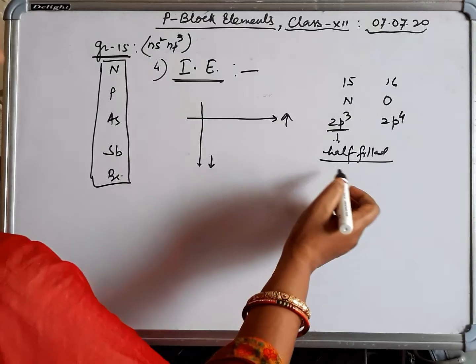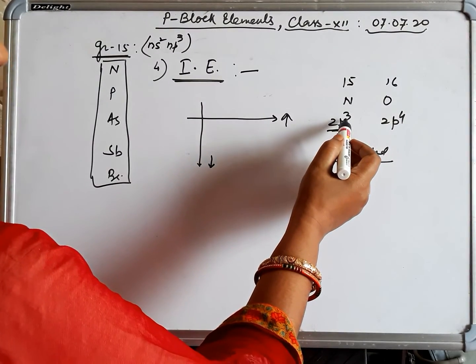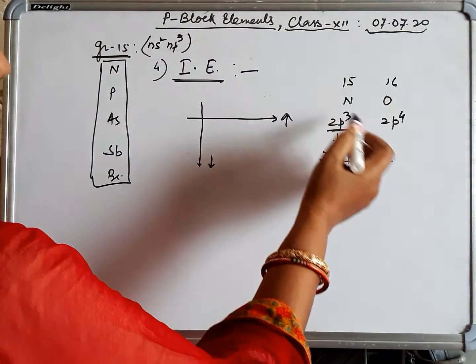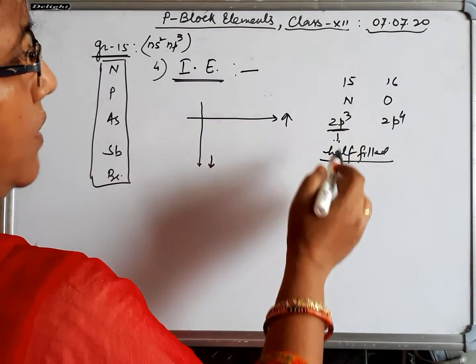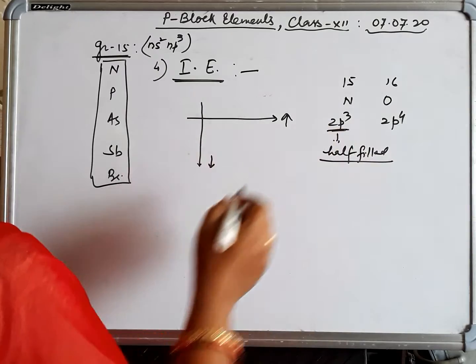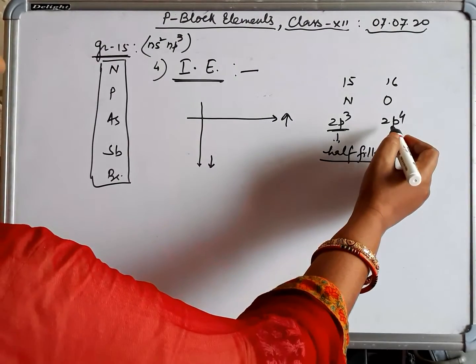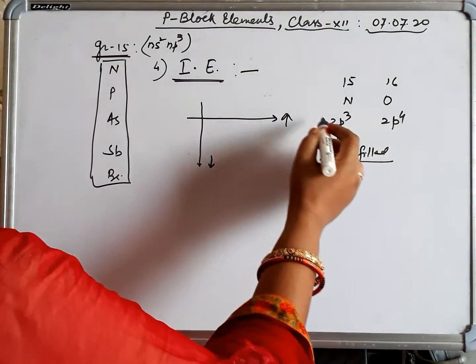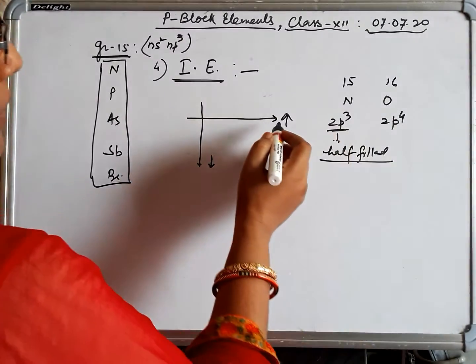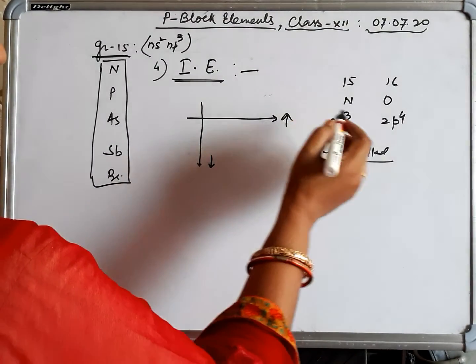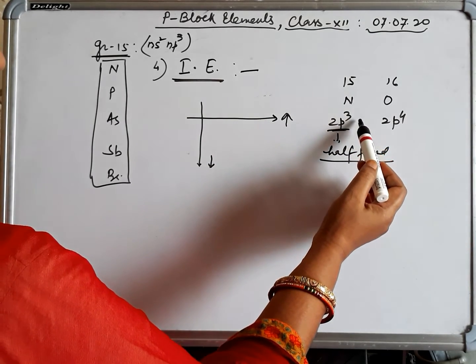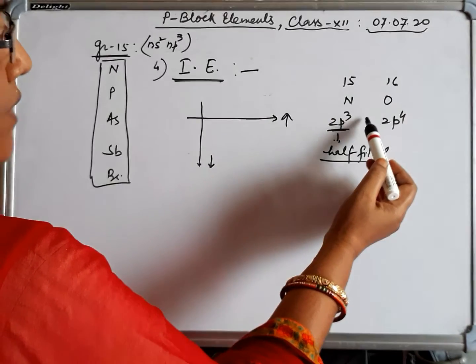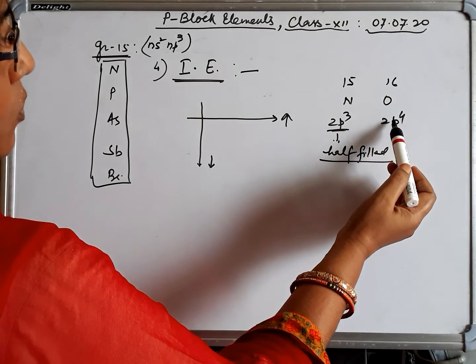So in that condition, when we try to remove one electron from them, a lot of energy must be given to the nitrogen atom in comparison to group 16. When we move left to right in a period, ionization enthalpy increases, so group 15 elements should have less ionization enthalpy than group 16.